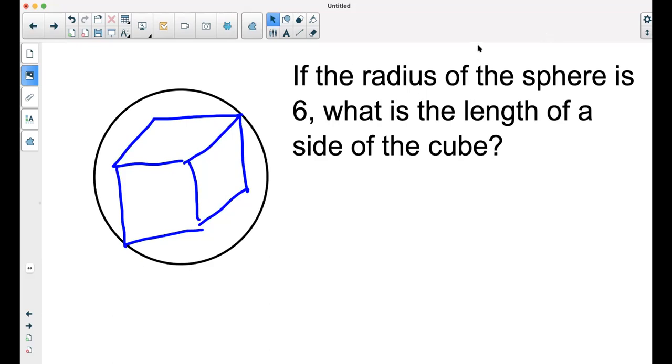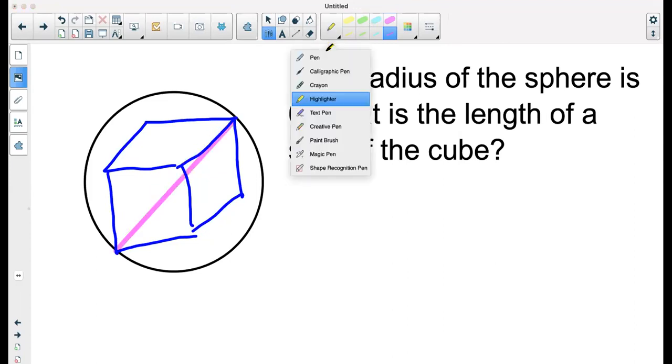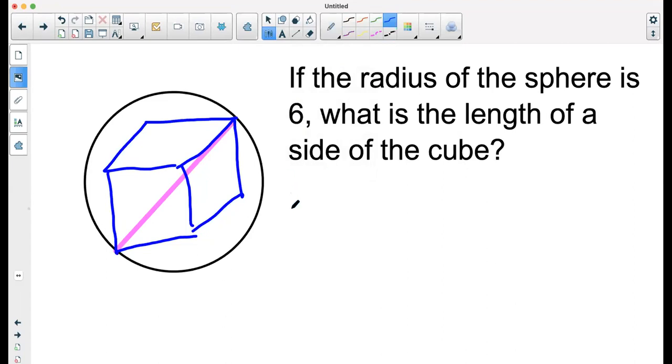And in this case, one thing you have to realize is this. What's the relationship here? This length is important, because what that length tells us is that the diameter of the sphere is in fact equal to the diagonal of the cube.